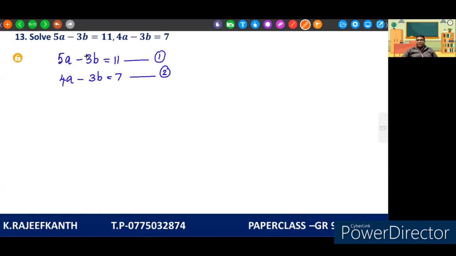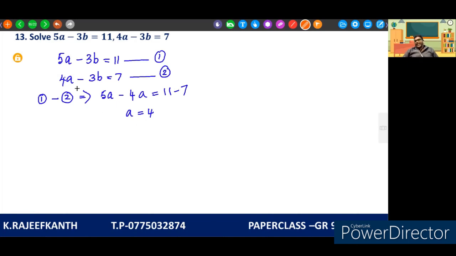Here, these two coefficients are equal. If the coefficients are equal, then we have to subtract, right? So now we are going to subtract the second equation from the first equation. Then 5a minus 4a is equal to 11 minus 7. Then a is equal to 4.